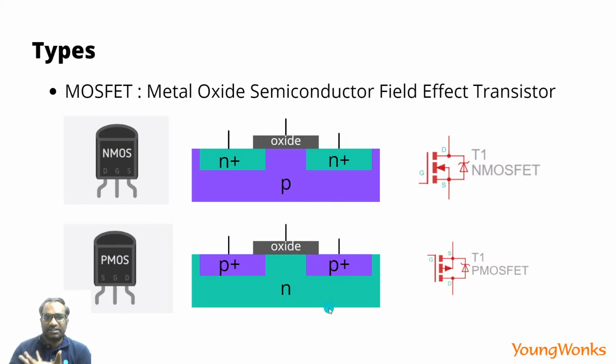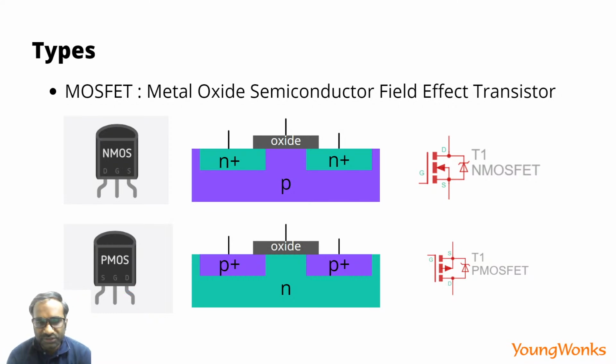is that there is a base semiconductor material, and in that there are two sections put in which are of the opposite type of semiconductor material. Then there are terminals called the source, the gate, and the drain.